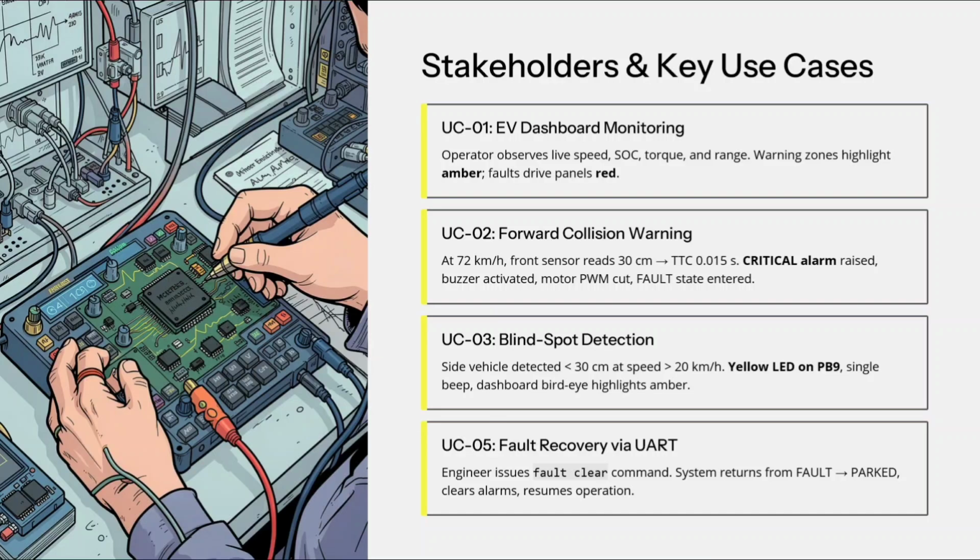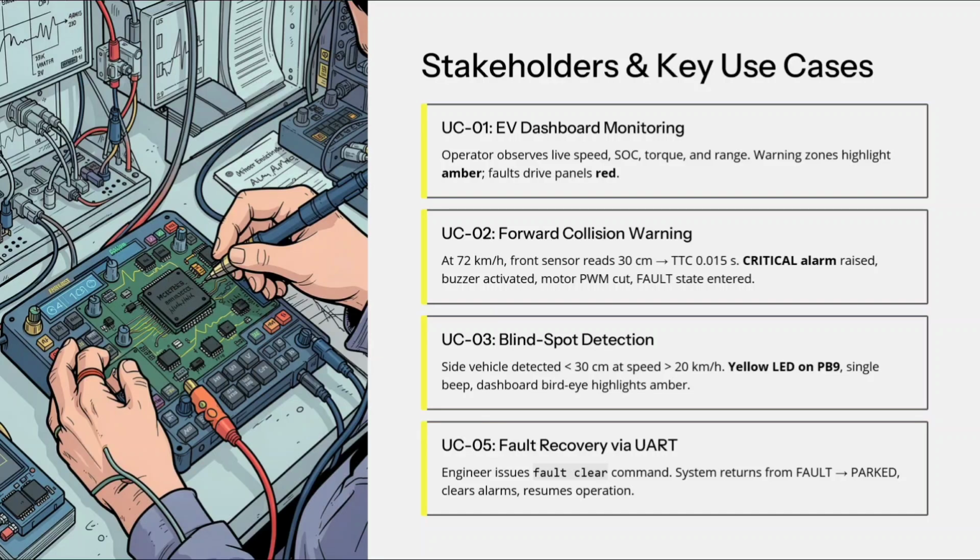Here we have EV dashboard monitoring, where the operator observes things like speed and torque range. All of this, including the motor temperature range, comes under the EV dashboard monitoring. And we have forward collision warning, where we calculate the distance between our vehicle and the forward vehicle.